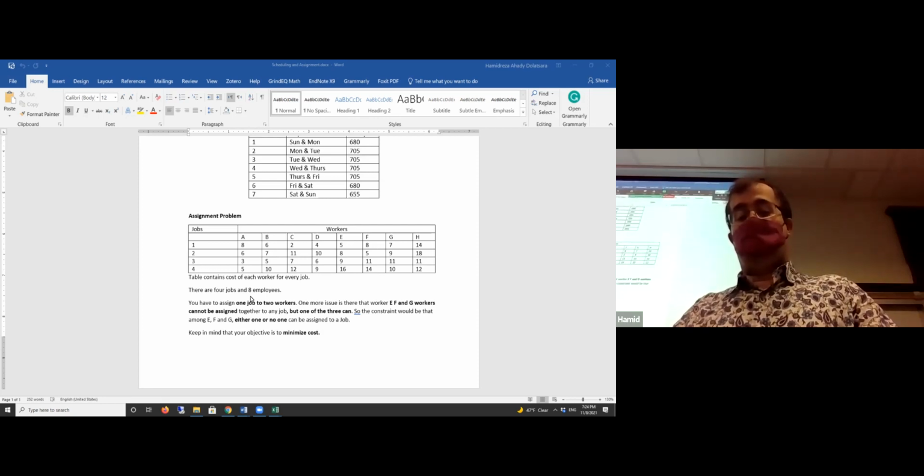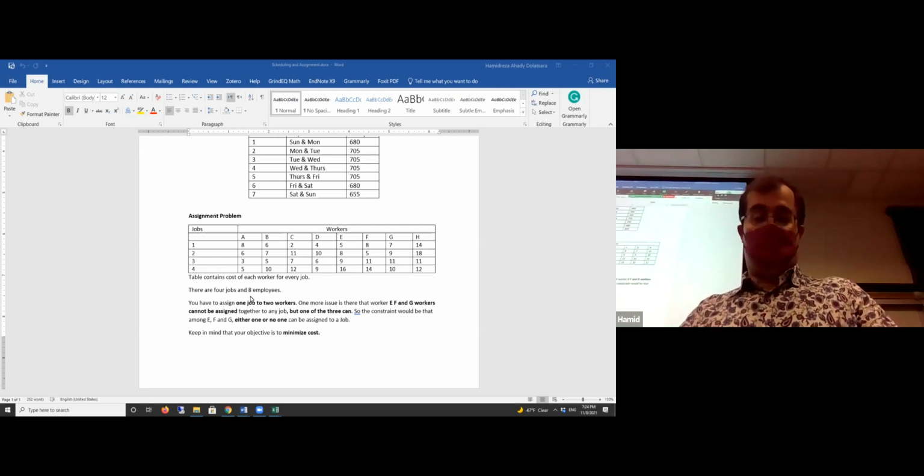One more issue is that workers E, F, and G cannot all be assigned to jobs, but one of the 3 can. So the constraint would be that among E, F, and G, either one or none of them can be assigned to a job.